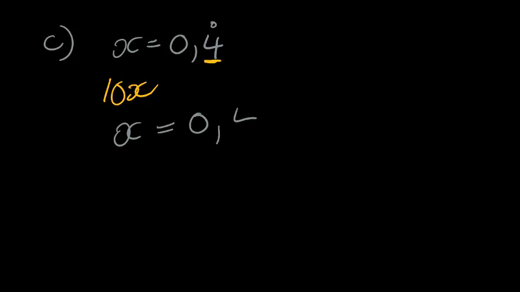Okay, so I'm saying x equals 0.4 recurring. Already I can see it's one number, so I'm probably going to end up with 10x, right? Because I know it's one decimal place. Before I get there, I'm going to say x is equal to 0.444, continuing forever. Once I've got that, I'm going to multiply both sides by 10. So I'm going to say 10x is equal to 4,444 recurring.